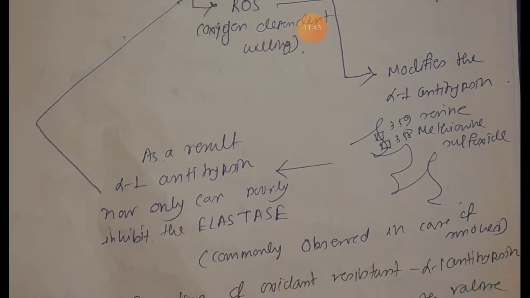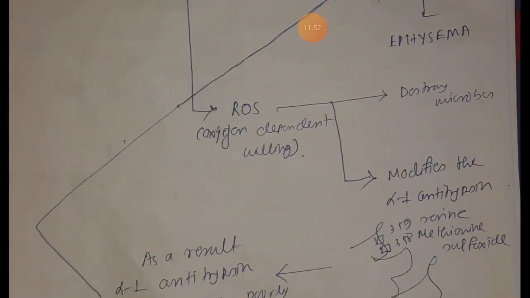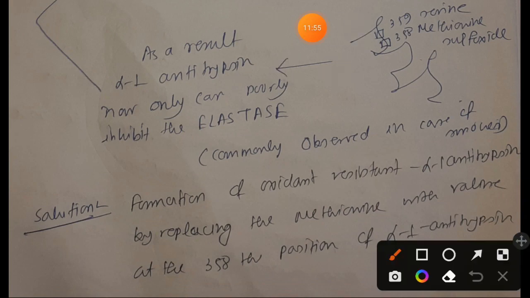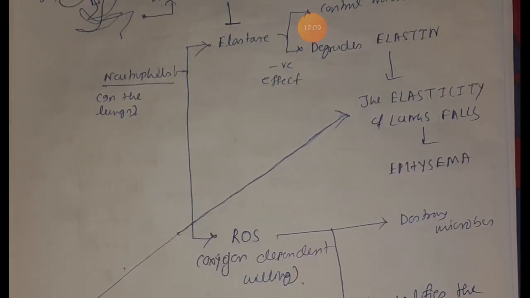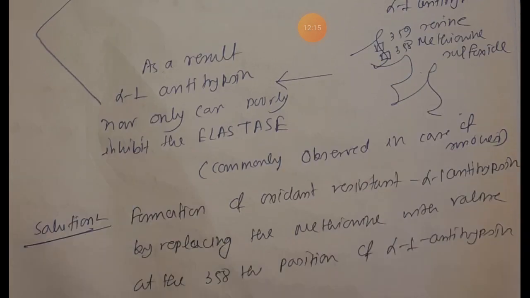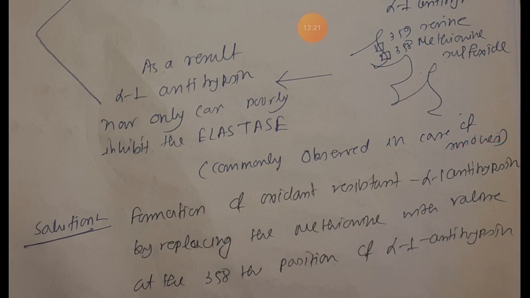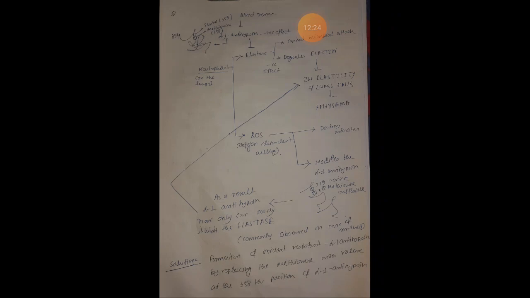So now, sorry, I have made a mistake, those modified alpha 1 antitrypsin can now only poorly inhibit the elastase. So as a result the elastase can now degrade elastin and the elasticity of the lung falls, which facilitates emphysema, a situation commonly observed in smokers. Okay, so that is the situation that is occurring naturally.